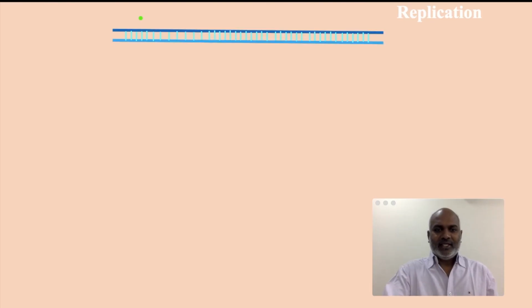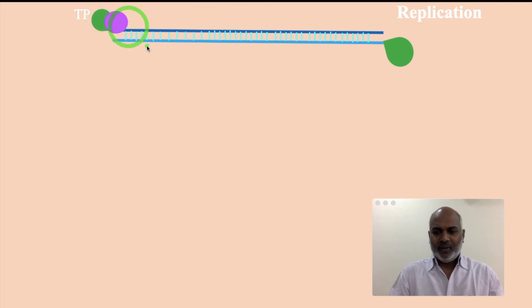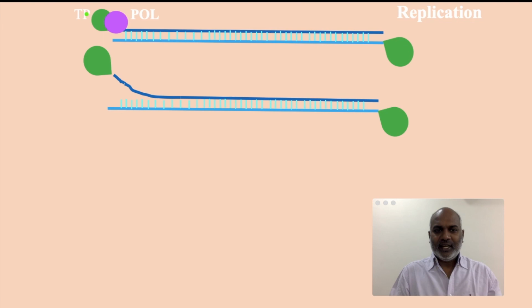We all know that it is a double-stranded DNA. With the help of the terminal protein, which acts as a primer for the virally synthesized DNA polymerase. There is a synthesis of viral proteins, and one of the proteins acts as a DNA polymerase. That DNA polymerase binds to the TP protein, then it initiates the replication process.